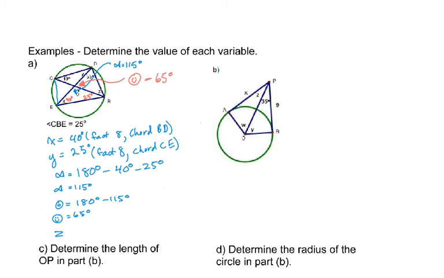So angle Z is equal to 180 degrees minus 65 degrees minus the 55 degrees that we already know inside this triangle. Which means that Z is simply 60 degrees.